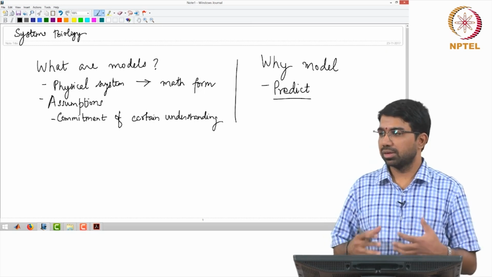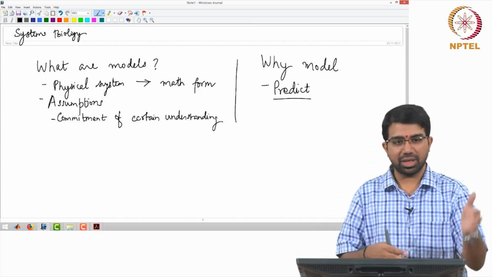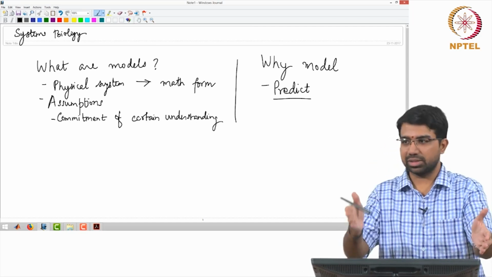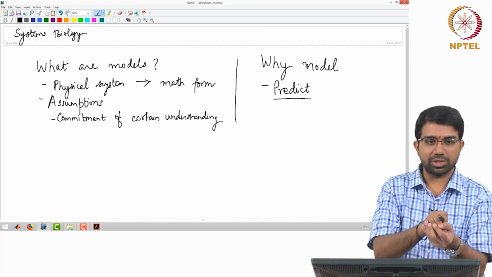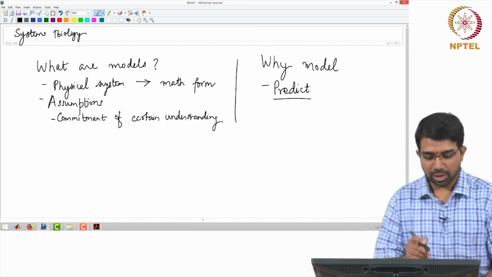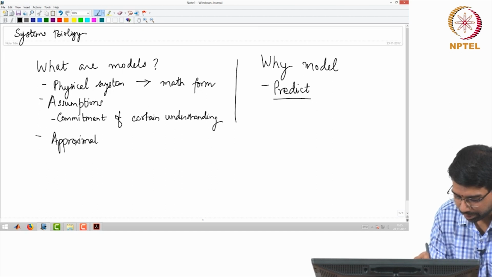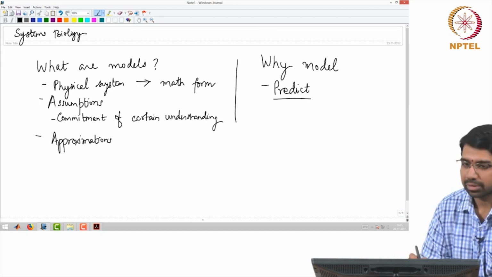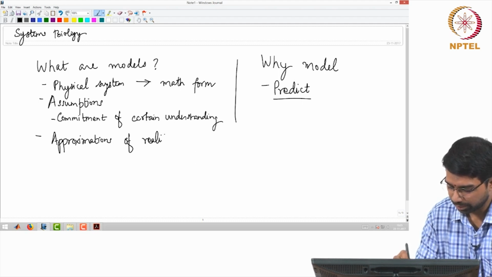The model is essentially your commitment to certain things. I understand X about the system, I understand Y about the system, I take all of them up and mash them into a bunch of equations which will try to describe my system. An important thing to remember is models are approximations of reality.